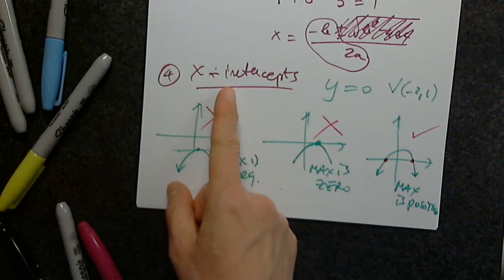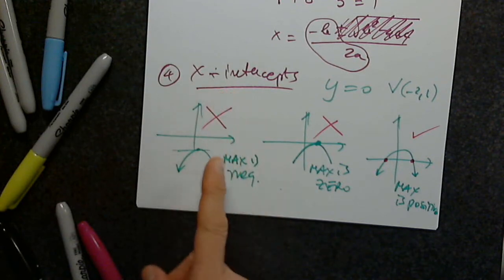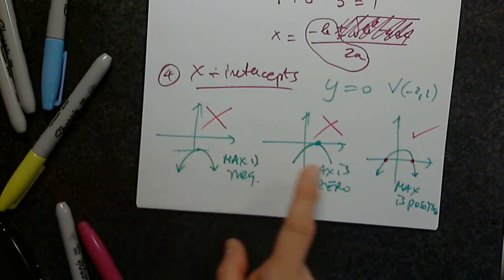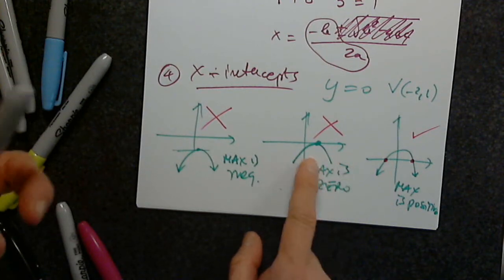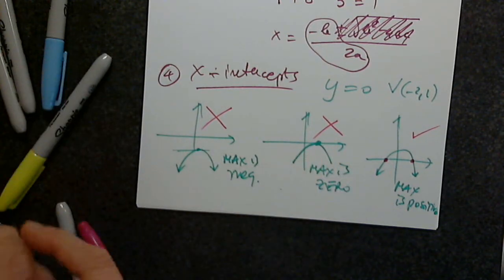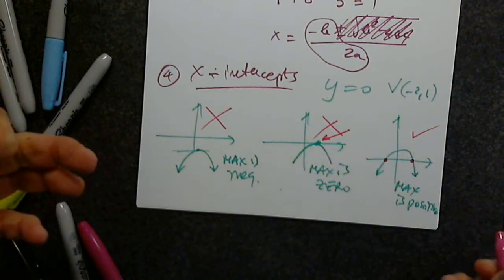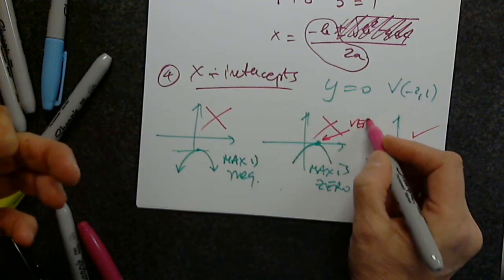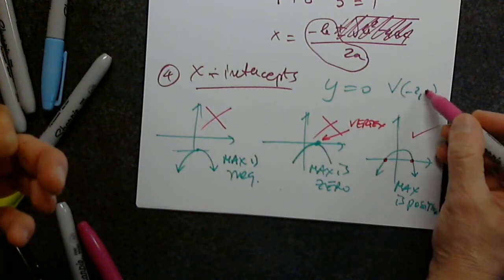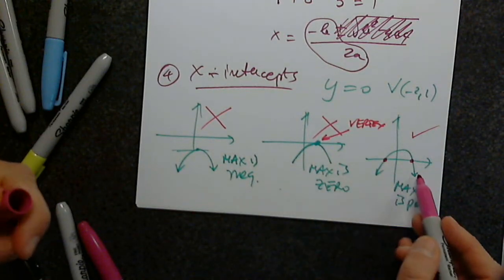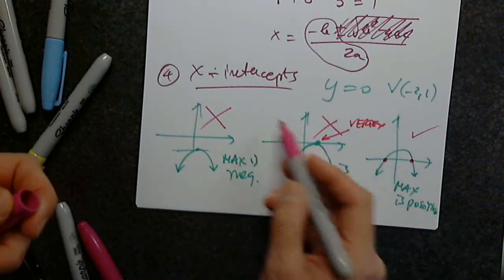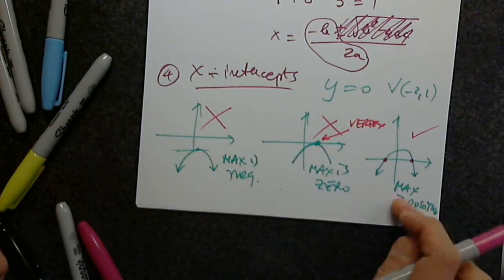So I have to find them. In this case, I will not waste my time. In this case, it must be 0. Right? It has to be the vertex. In this case, I don't have to waste my time at all. This is the vertex. But this number is not 0, so it's not this situation. So I'm looking at this one. So I have to do the work because it's the third situation.